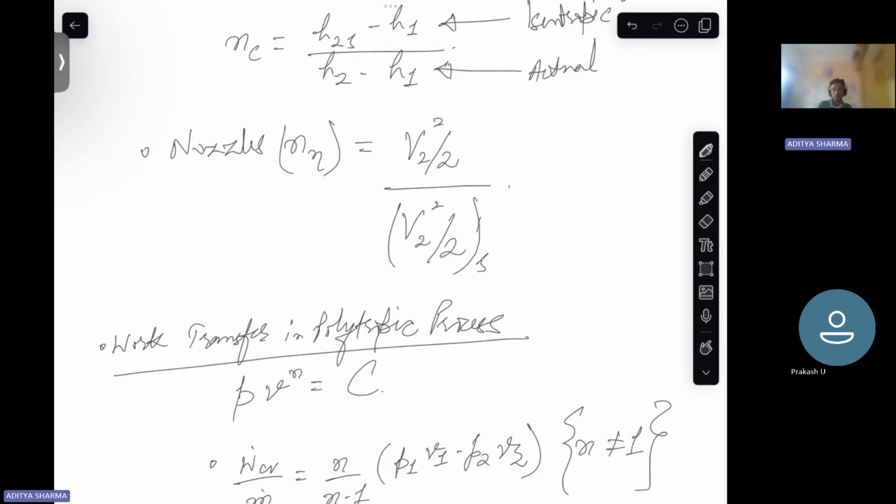So for the efficiency of nozzles, if you refer to the Moran and Shapiro book, if I remember correctly, you will find that this remains around 95%. That is, this is less than one, right? In that case the numerator will be lesser than the denominator, which essentially means that the exit velocity for the isentropic case will be higher, right?